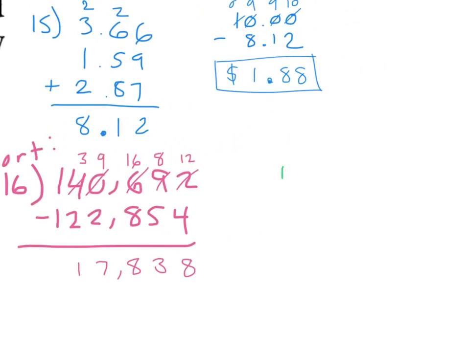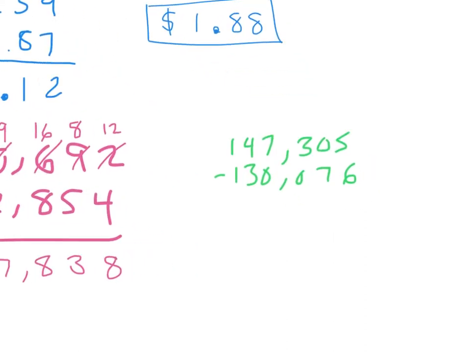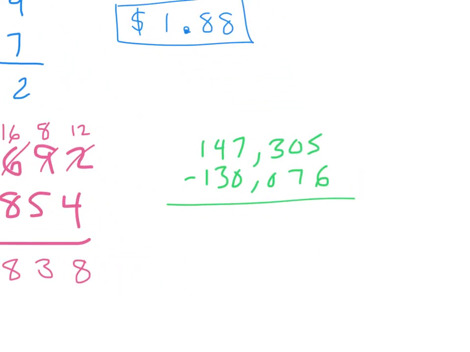So we're going to subtract 147,305 minus 130,076. So 5 is smaller than 6, so we need to make this 15.